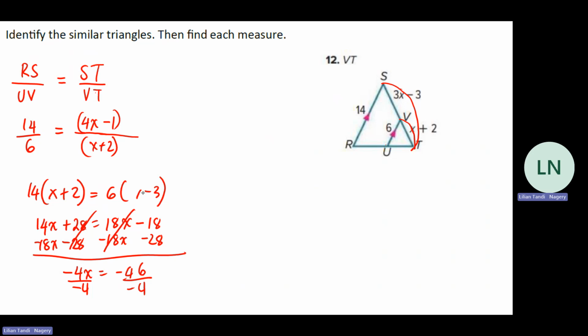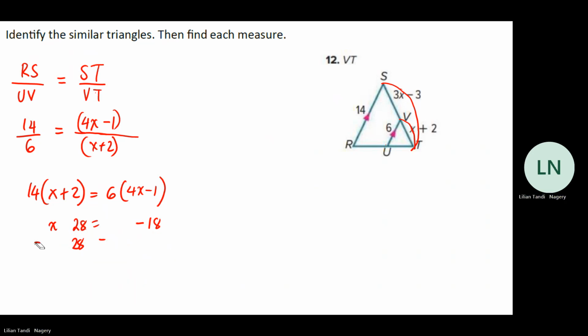Here we just have to change it to 4x minus 1. So we erase all this. So this is 14x plus 28 equals 24x minus 6.